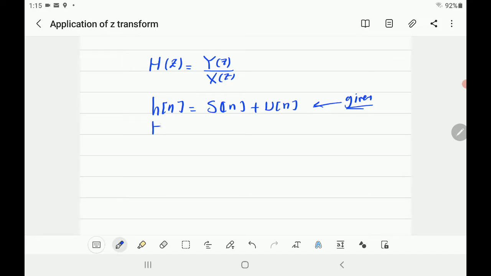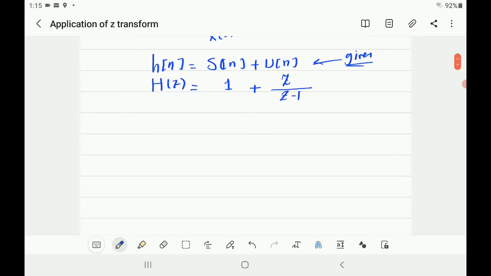So write h of z is equal to the impulse here, that z-transform is equal to 1, and the step is equal z over z minus 1. How did we find this z-transform? Using the table. There is a table in the handout that has all the z-transforms.